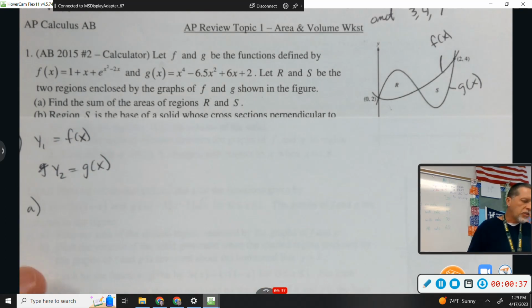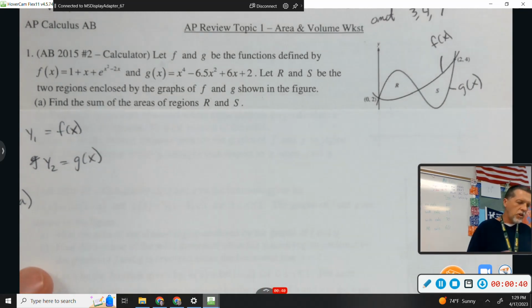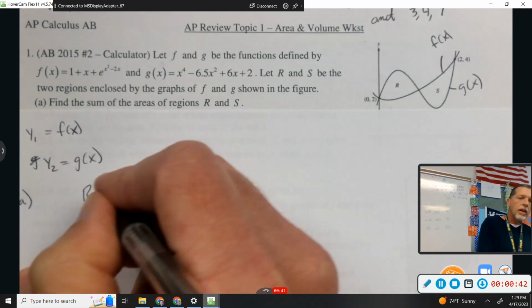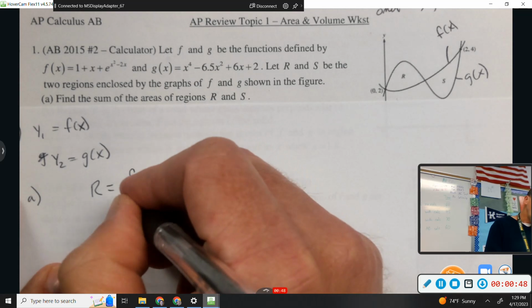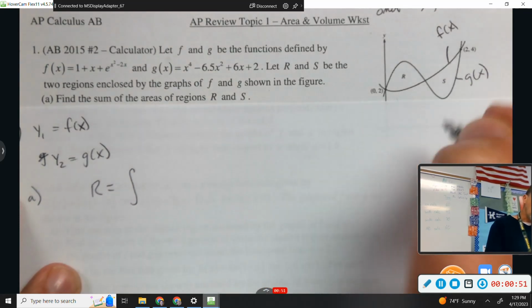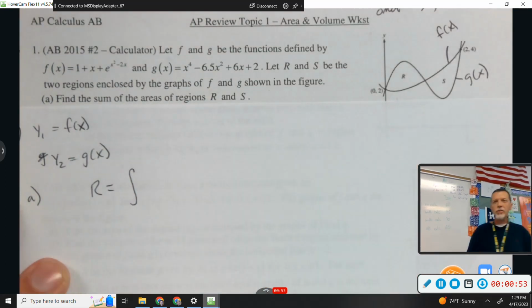All right, find the sum of the areas of regions R and S. So how do I find the area of R? Sum, top minus bottom, integral. Yeah, integral, top minus bottom. Now this is where it matters who comes first.